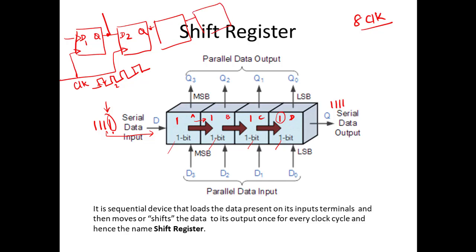So if I take the output here, we know that in 4 consecutive clock pulses, 1 will be saved here, 1 will be saved here, 1 will be saved here and 1 will be saved here.